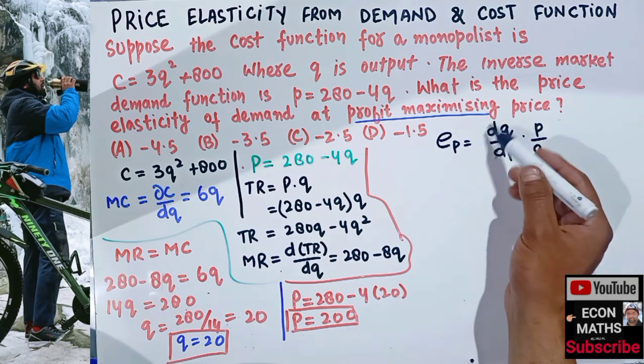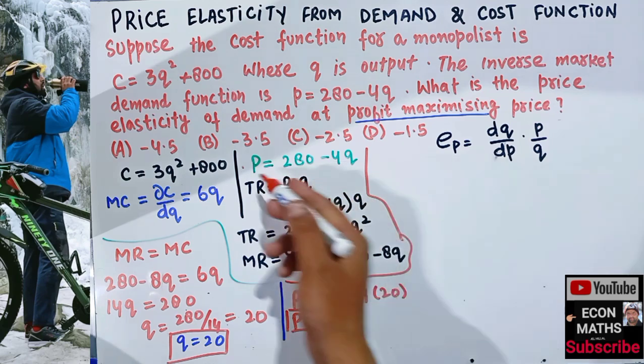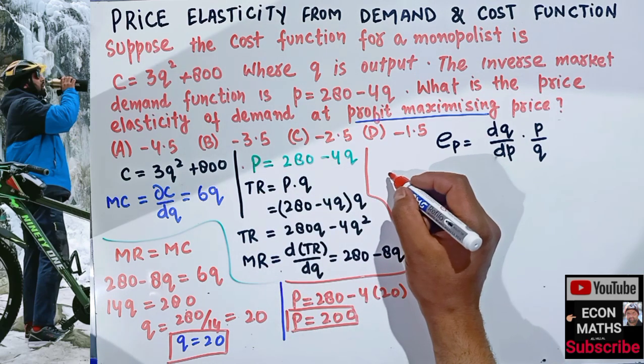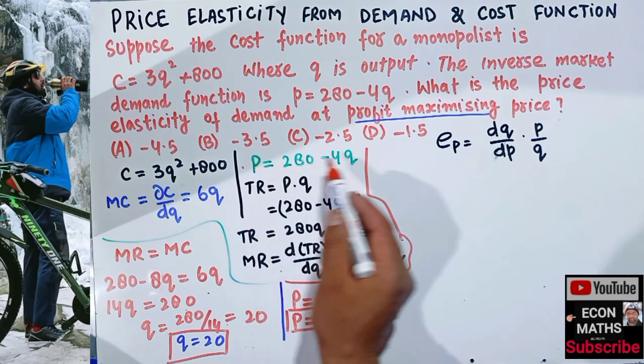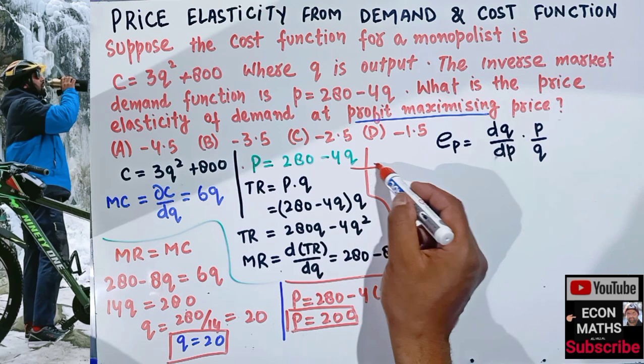We need to find this dQ/dP. Again, we are given the inverse demand function, so here we can get dP/dQ, but we need dQ/dP. We need to solve this inverse demand function for Q first.